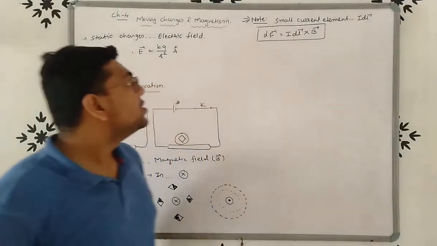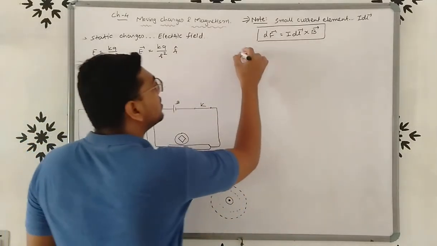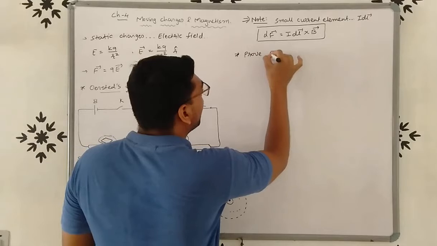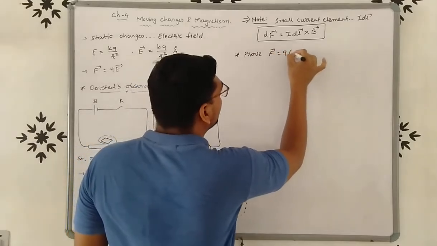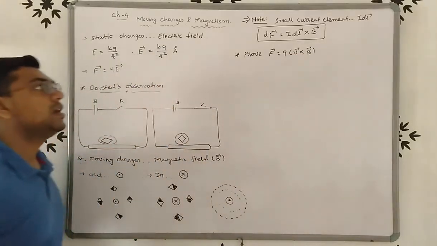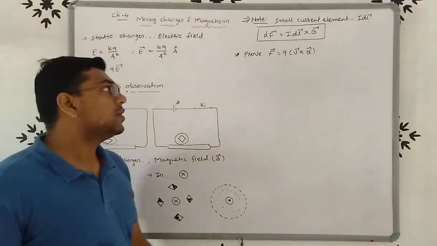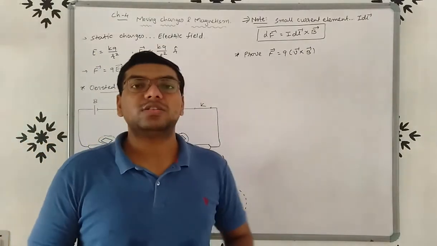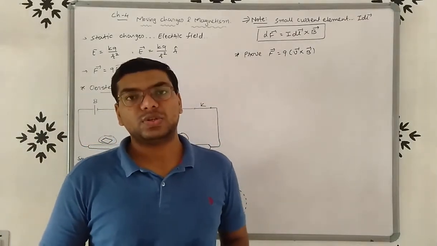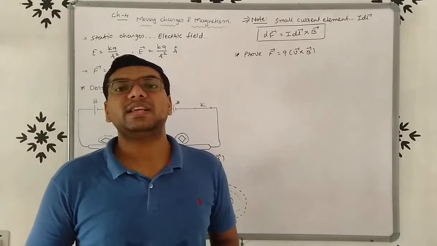Now the question will be like this: prove F is equal to Q into V cross B. Or the question will also be like this: prove the formula of force on a moving charge.